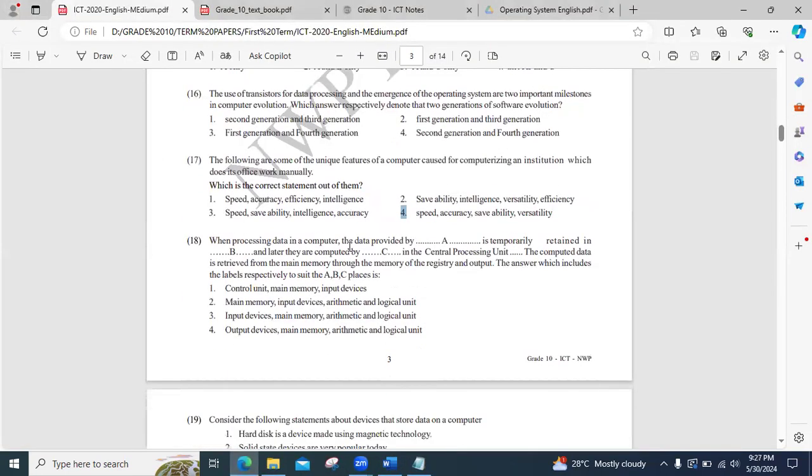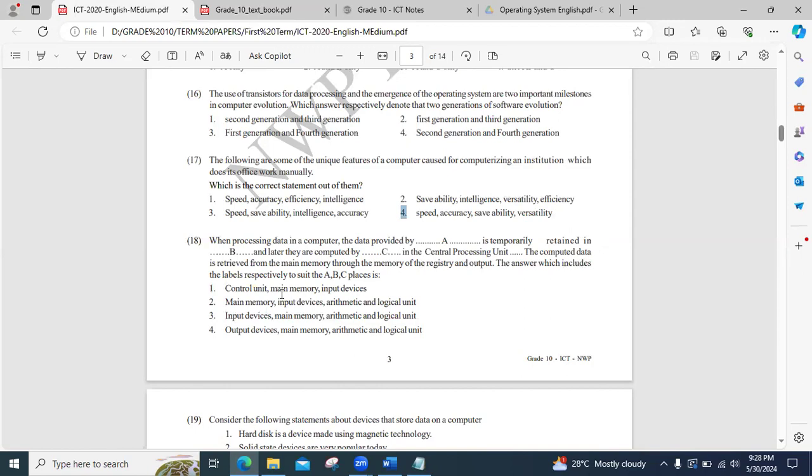Okay, then 18th. When processing data in a computer, the data provided by A is temporarily retained in the B and later computed by C in the central processing unit. The answer which includes the labels respectively to suit A, B, C. A is the input device.